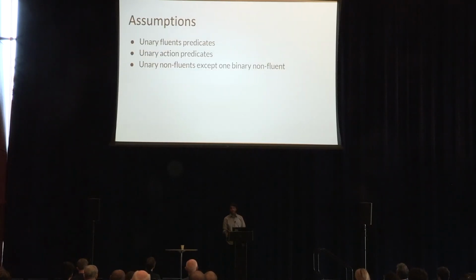There are certain assumptions in our domain. We assume that we have only unary fluents, unary action templates, and unary non-fluents, except one binary non-fluent. The binary non-fluent is used to represent the graph. These assumptions are satisfied by a lot of problems, for example the sysadmin domain, the game of life, academic advising, skill teaching, etc.